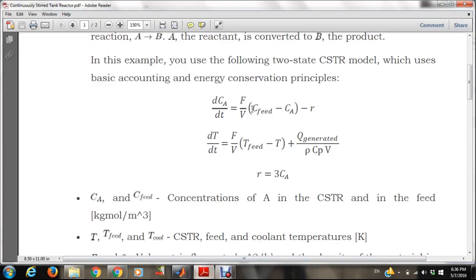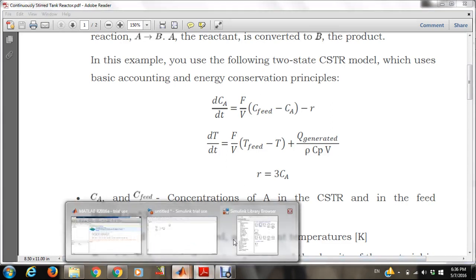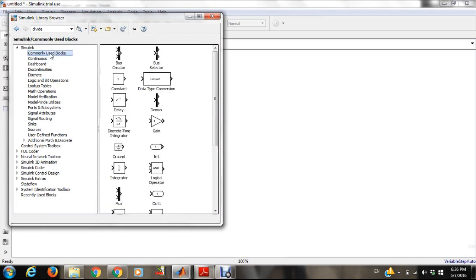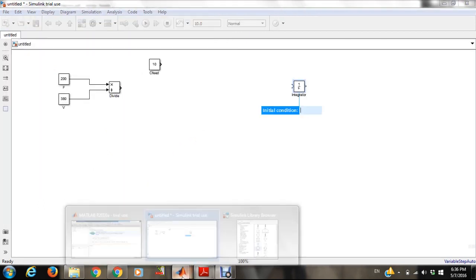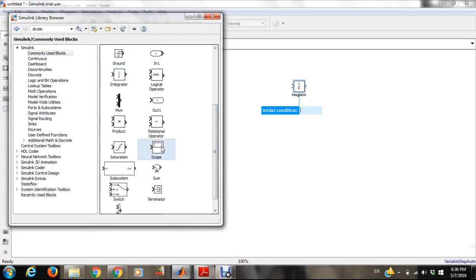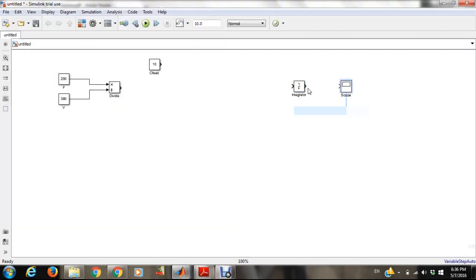F over V is then multiplied by C feed minus CA. CA is the one that we're going to be needing. Therefore, I'm just going to create first the integration function. I'm going to go back to commonly used blocks and look for the integrator. With the integrator, I'm also going to be needing the scope that views.